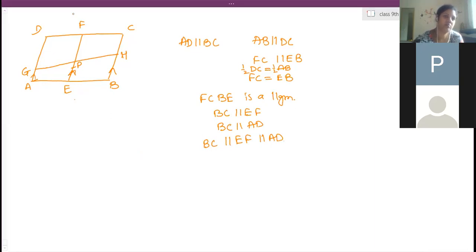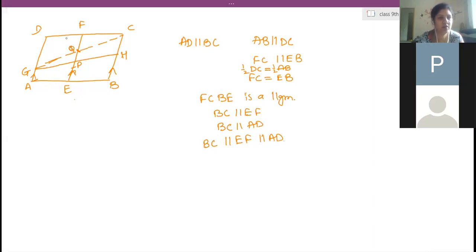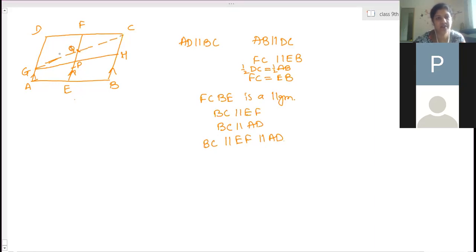Now join FC. Keep this point as Q. This is point Q. Now you can see in this triangle CGD, QP is parallel to GD, and F is the midpoint of CD.